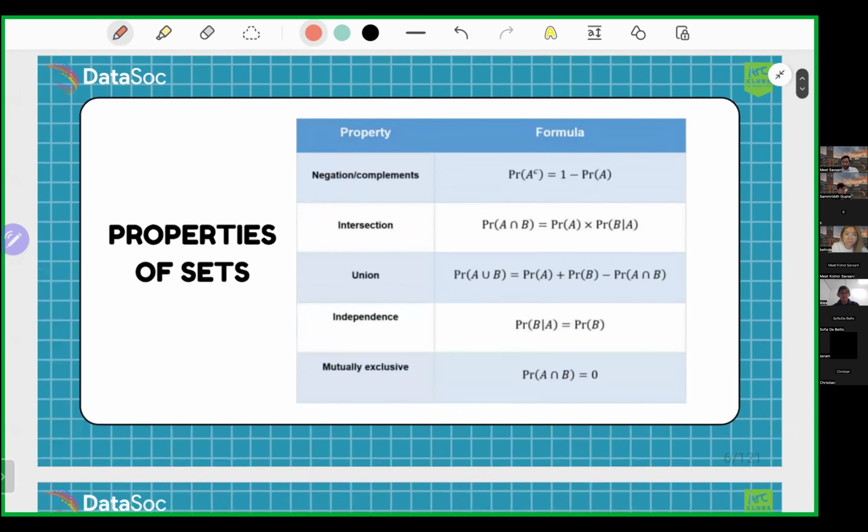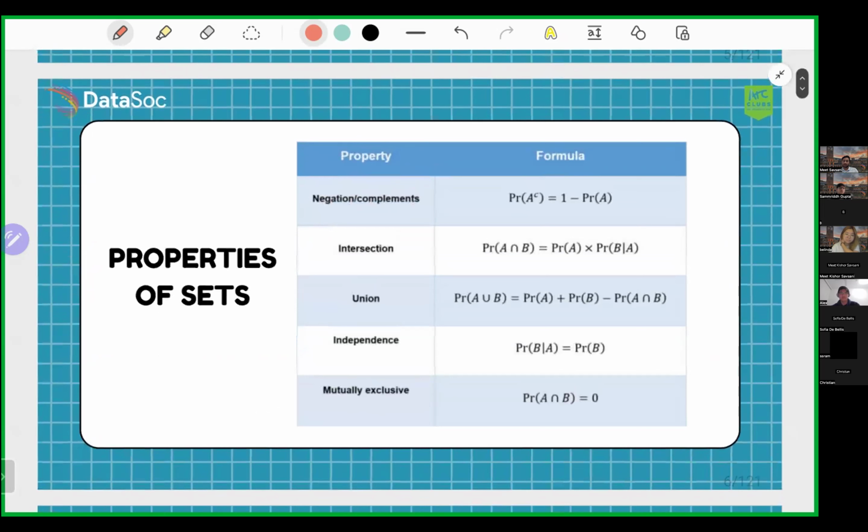Okay, that was easy. So let's look at some of the properties of sets. First of all, you have the negation property.